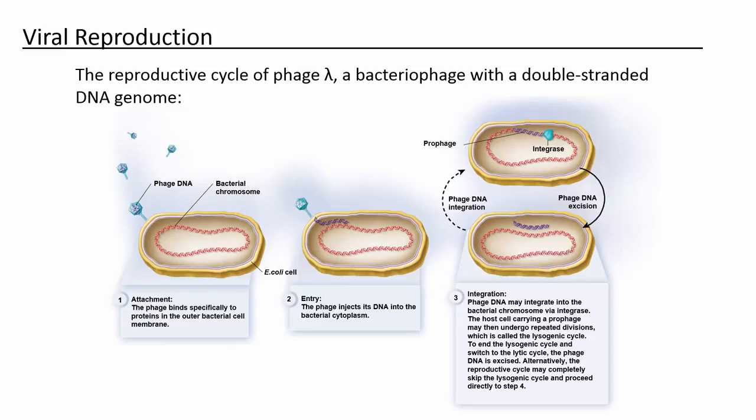And for phage lambda, what happens is that the phage has these things called tail fibers. The fibers of the tail of a phage bind to proteins that are in the outer bacterial cell membrane.